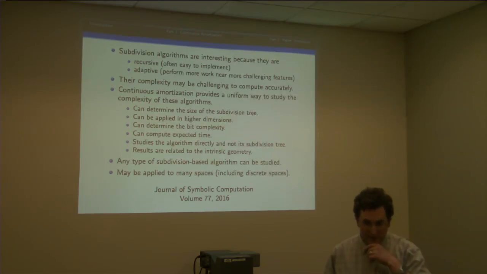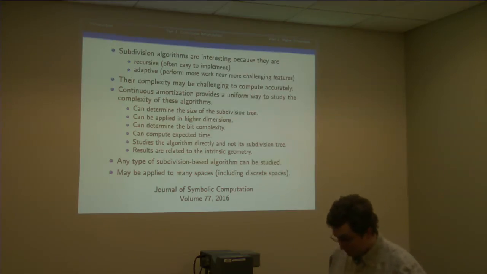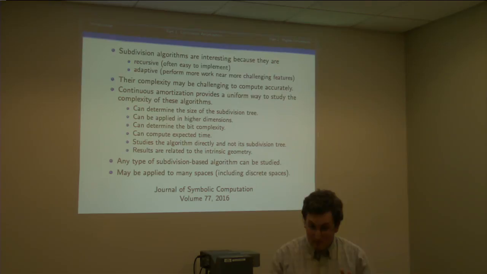So for subdivision for finding roots, I don't have to know where the roots are to know what my function is. My function is the distance to the second closest root. It doesn't matter if I know what the roots are or not, because after I integrate it, I'm going to get an answer that just depends on the distances between roots. And that complexity says, okay, that's what it is in terms of the geometry.